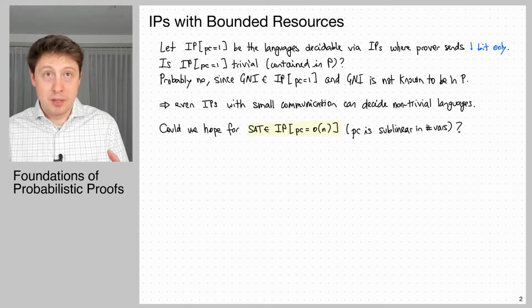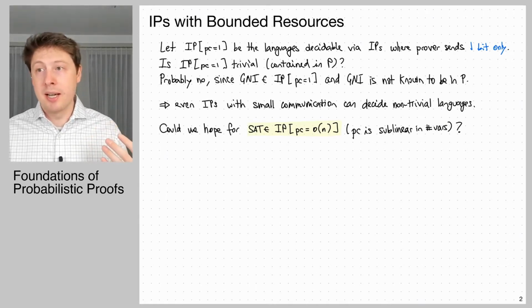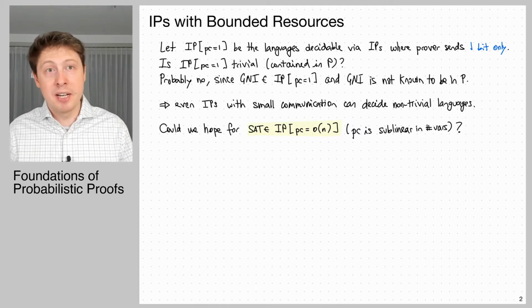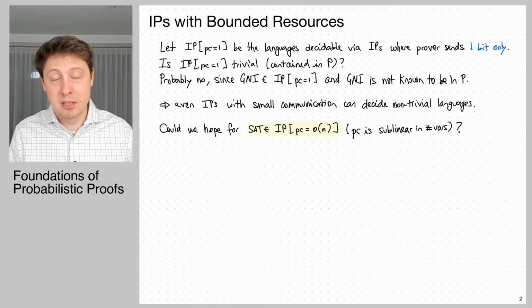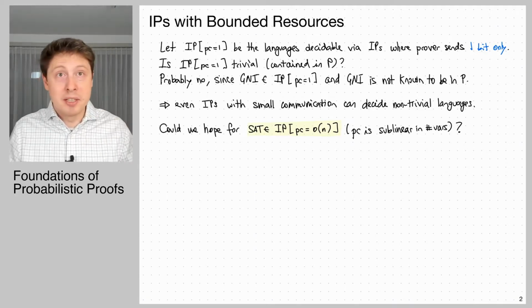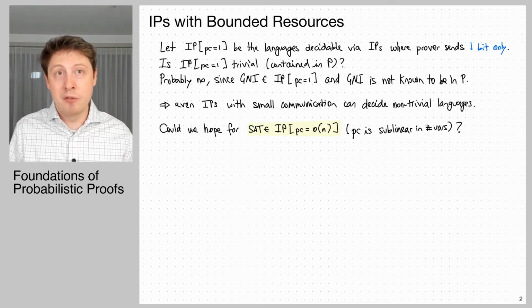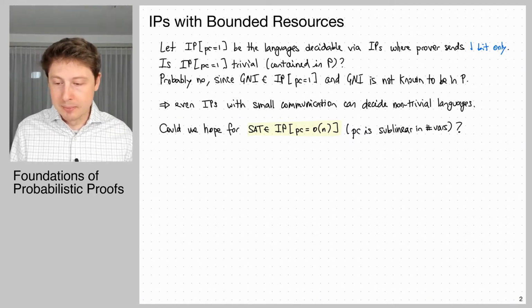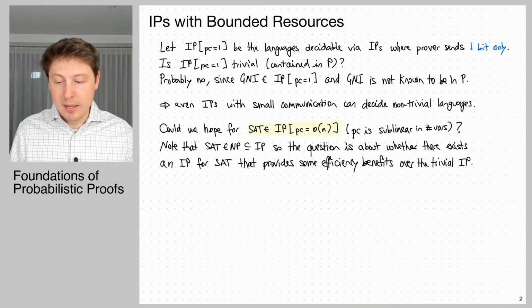Because remember, SAT has a trivial interactive proof. It's just you send me an NP proof, the assignment that certifies that the formula is satisfiable. But maybe there's some other, smart way to prove satisfiability just by sending fewer than n bits. That would be a nice thing to do.